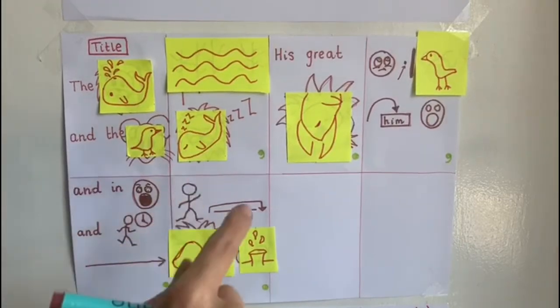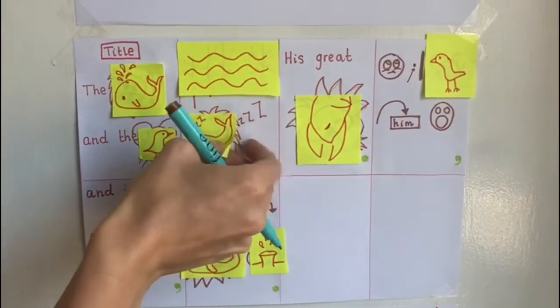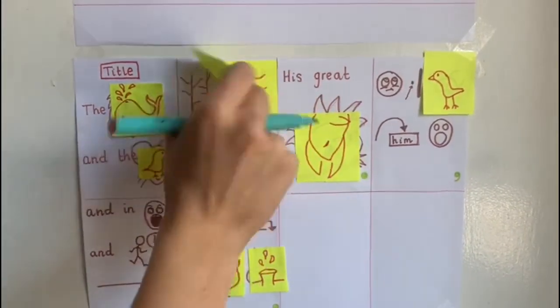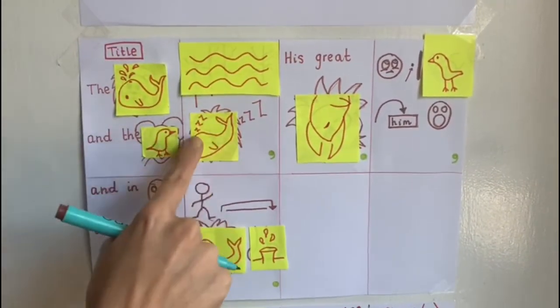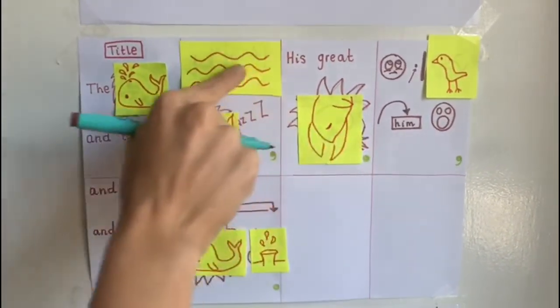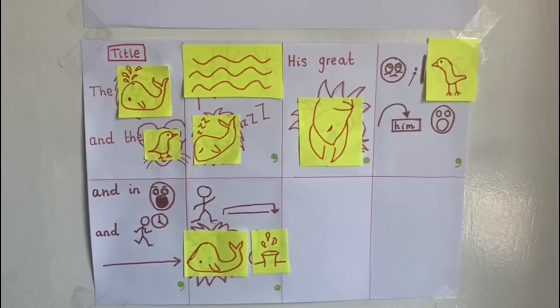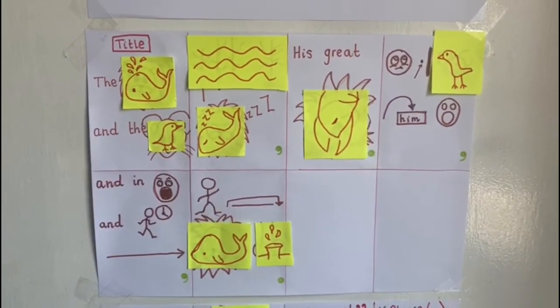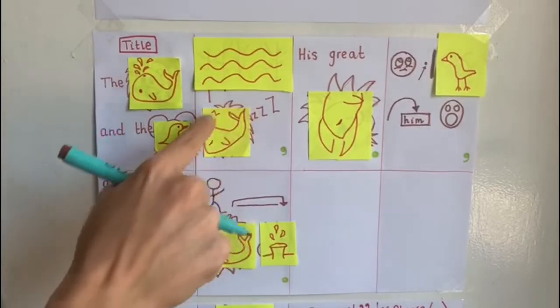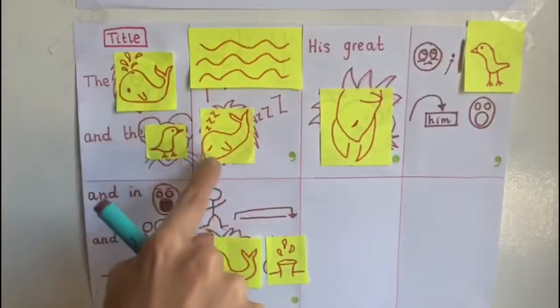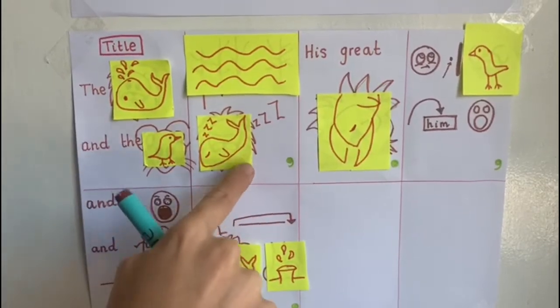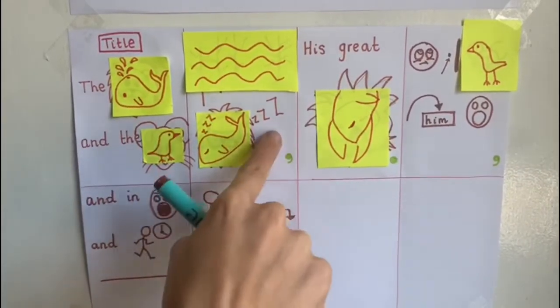So the original was a lion lay asleep in the forest, but I changed mine to a whale and he is in the ocean. So you might want to add some adjectives here to make it sound a bit more interesting. So what adjectives could be used to describe the whale first of all? So I'm going to use an enormous whale.